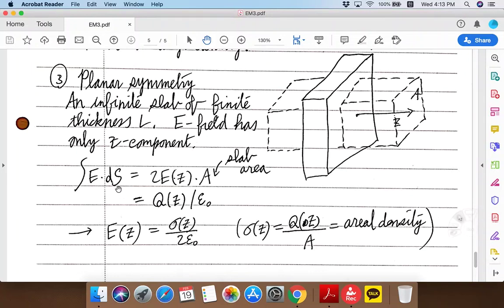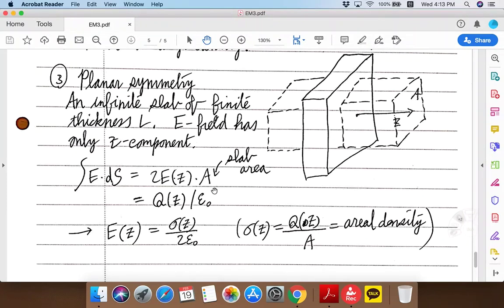and work out the electric flux as essentially twice the electric field strength multiplied by the area of the Gaussian surface, which then equals the total charge that's enclosed by this thing that I've drawn in dotted lines.